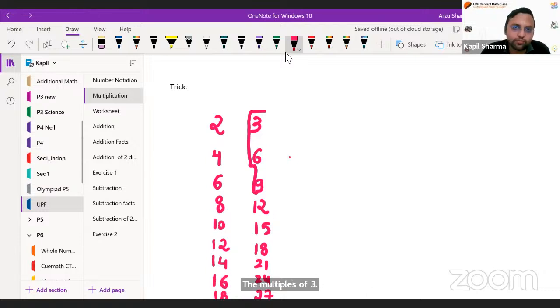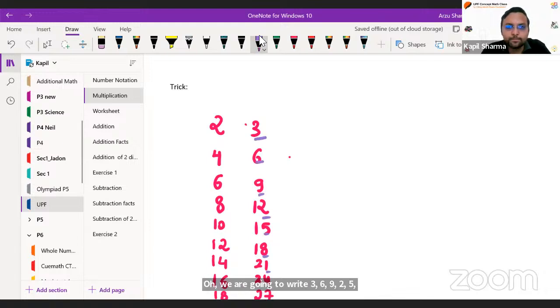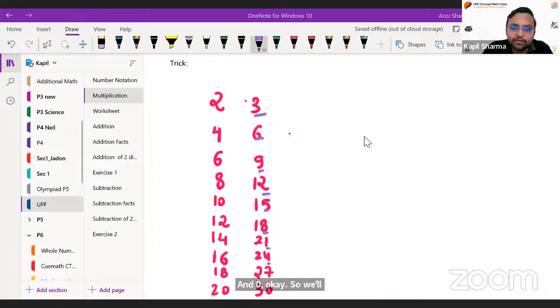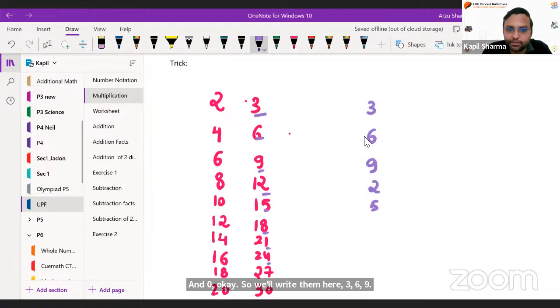So we are going to write 3, 6, 9, 2, 5, 8, 1, 4, 7, and 0.